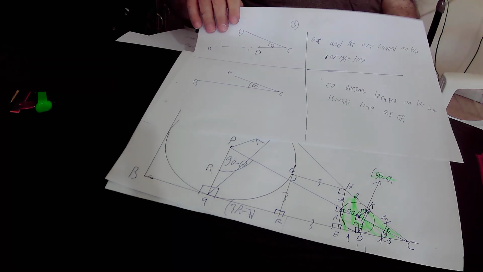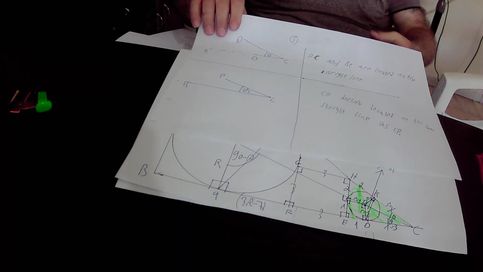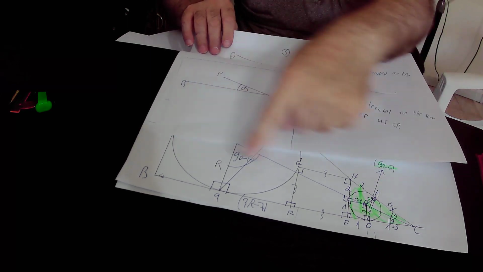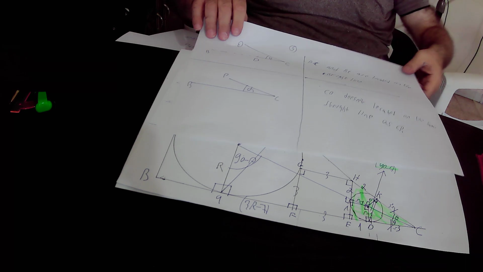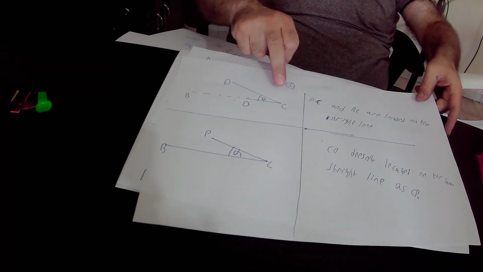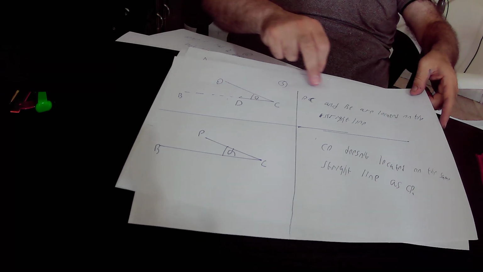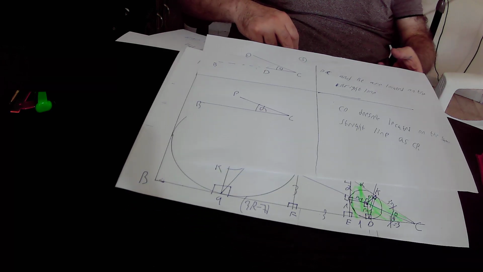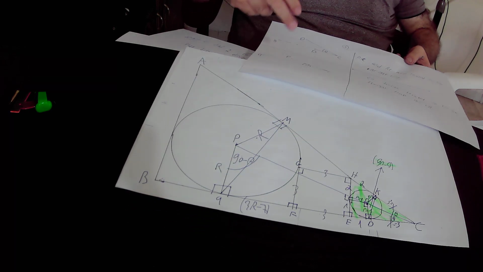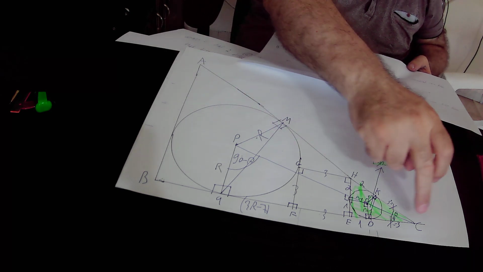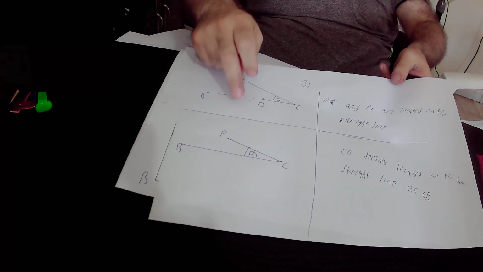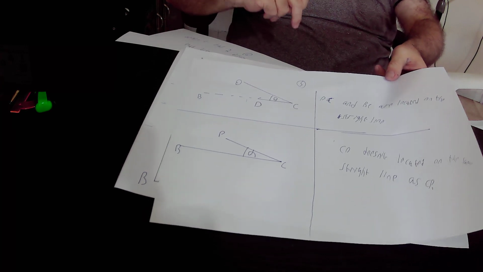Therefore, CD and BC are both located on the same straight line. And then we draw the second angle, that is angle PCB. This is angle PCB that we draw.